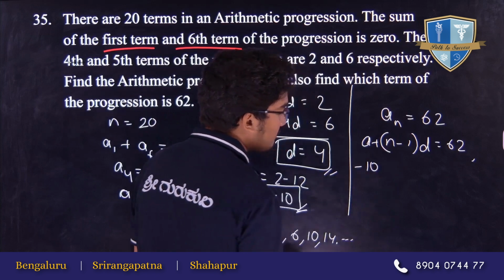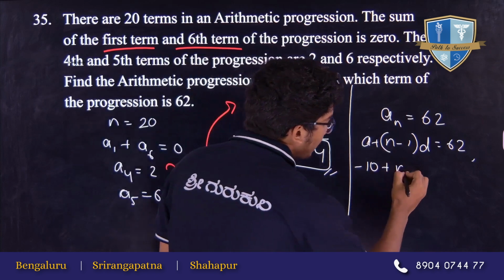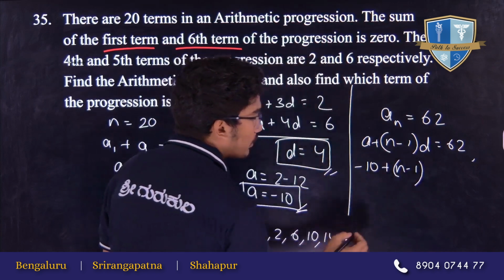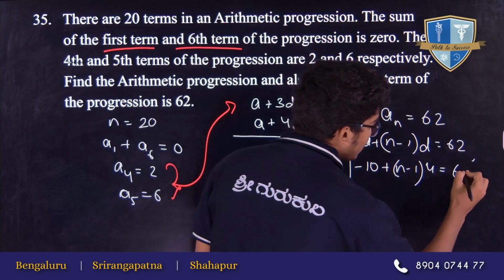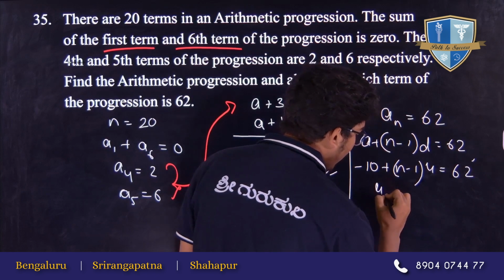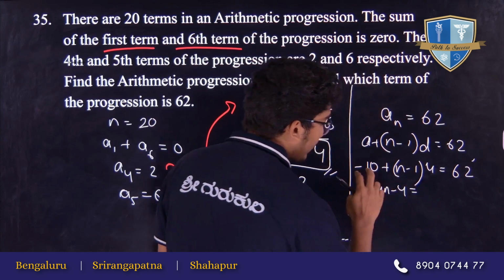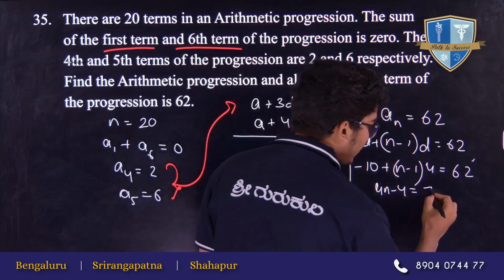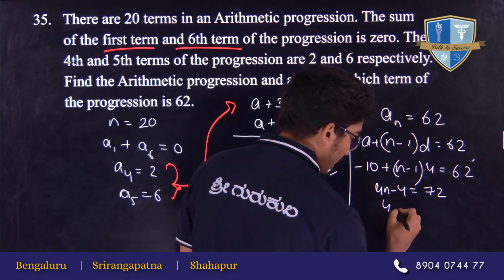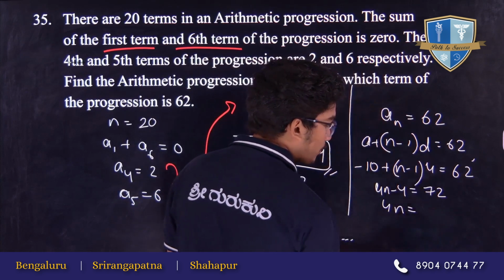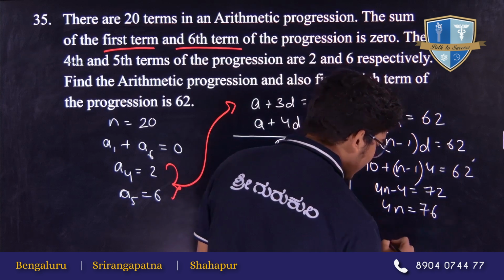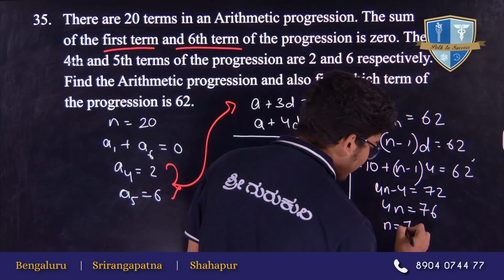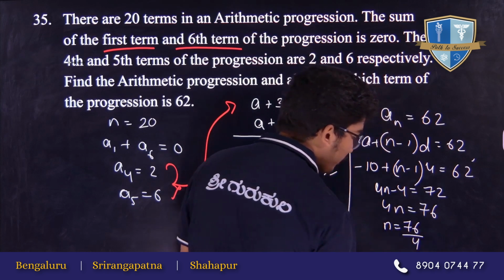A we found as minus 10 plus n minus 1 times d, which we found as 4, is equal to 62. So 4n minus 4, and 10 will go on the other side, it will become 72. So 4n is equal to 72 plus 4, that is 76, and n will be equal to 76 by 4, which will be equal to 19.